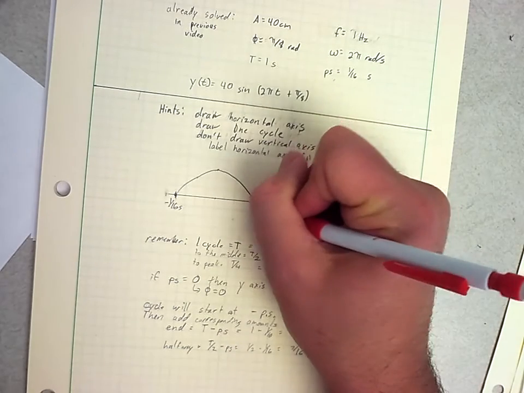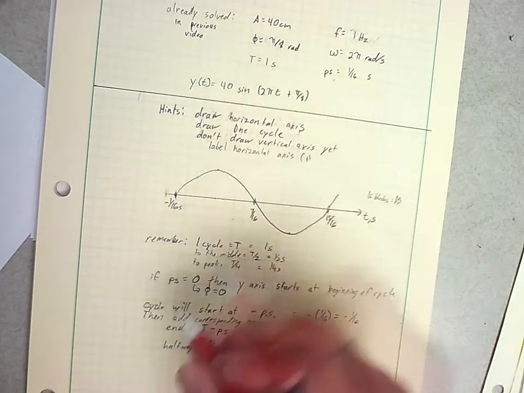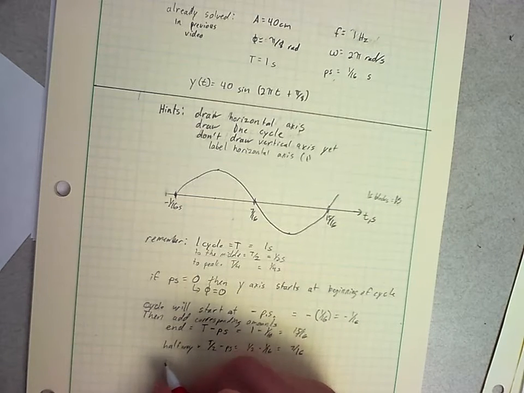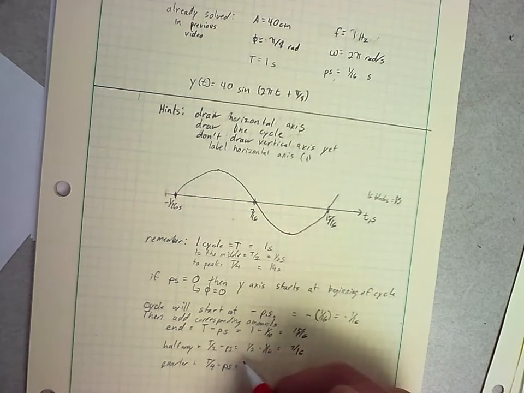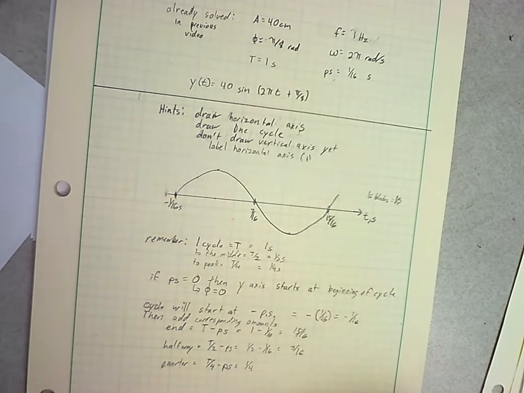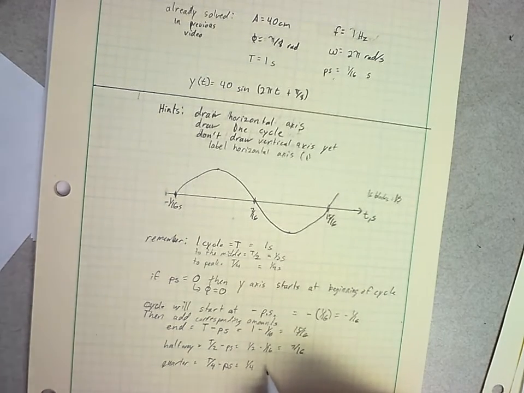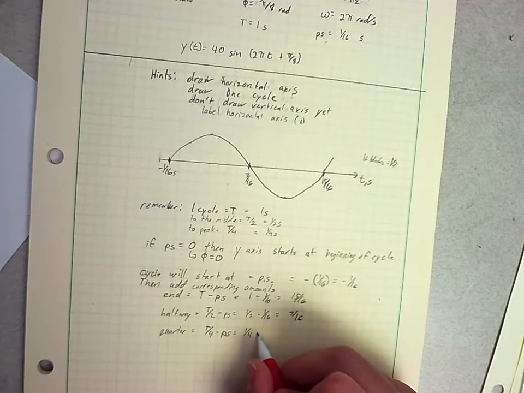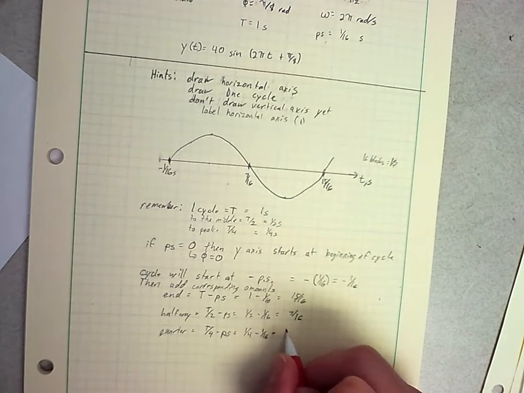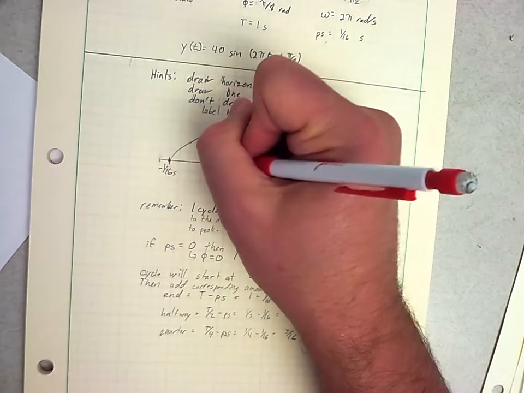So this point must be 7/16. My quarter point would equal T over 4 minus my phase shift, which in this case is 1/4 minus 1/16. Again, this is easy just because my period is 1. That gives me 3/16.